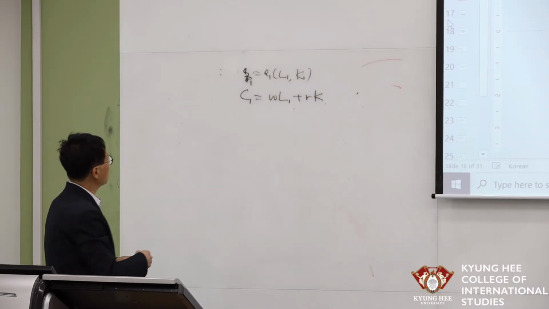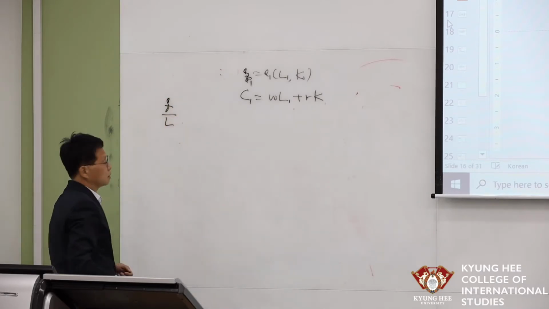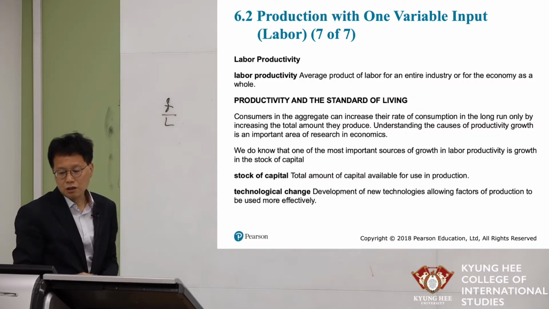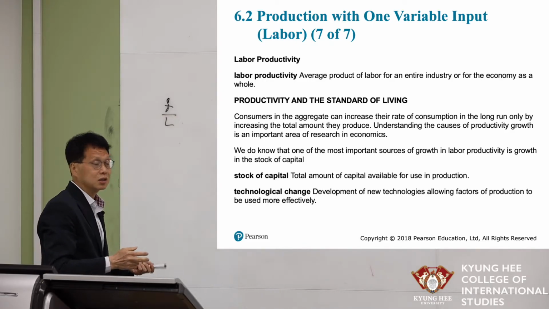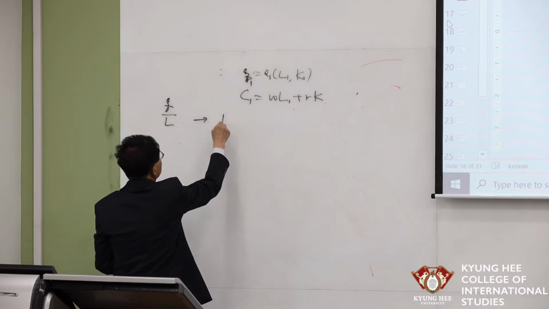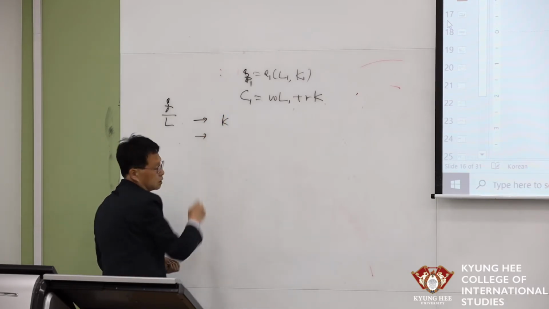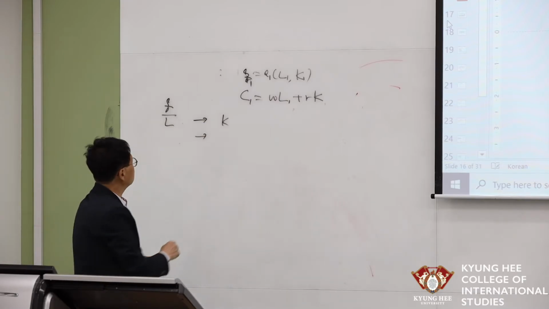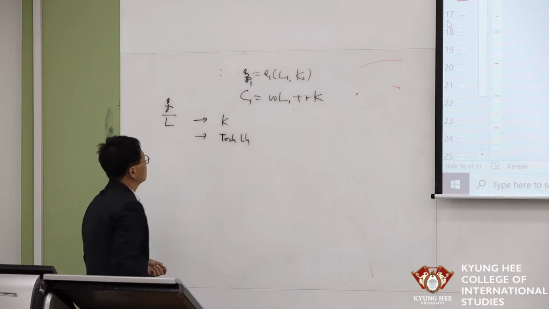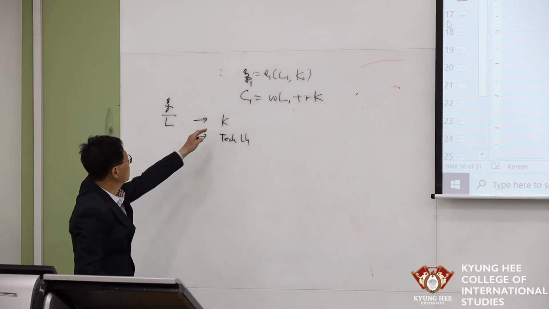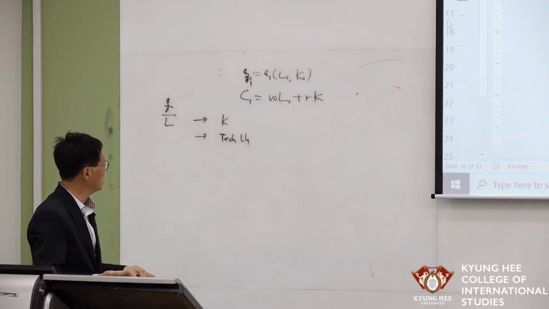So labor productivity is this one, Q over L. There are two sources of growth in labor productivity. Number one is increasing capital stock. Number two is technological change. What's the meaning of this? If labor productivity increases, then you can receive higher wages.